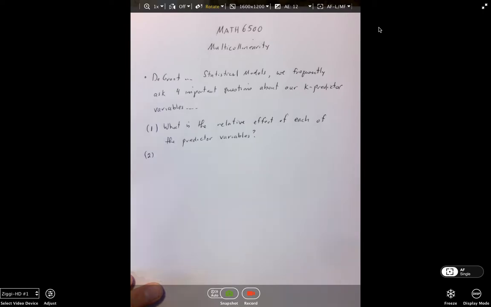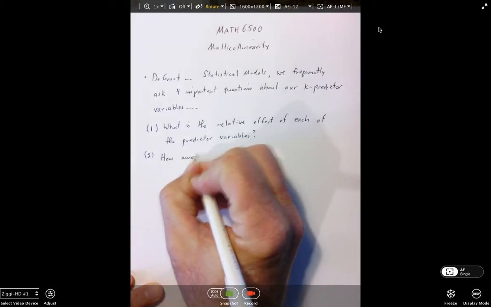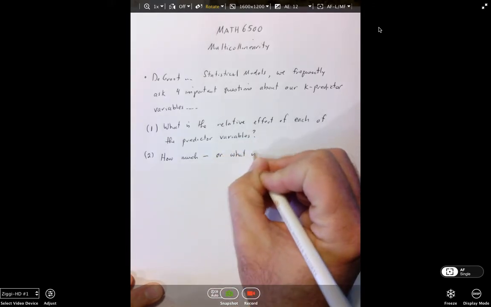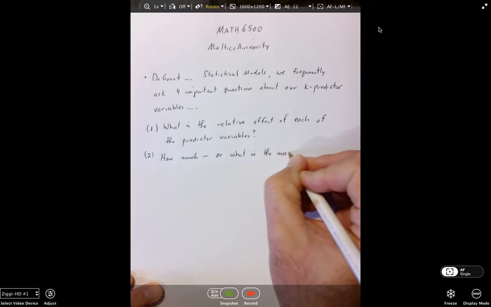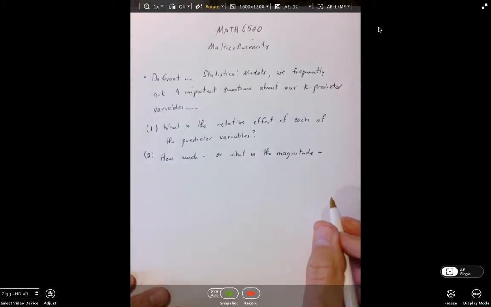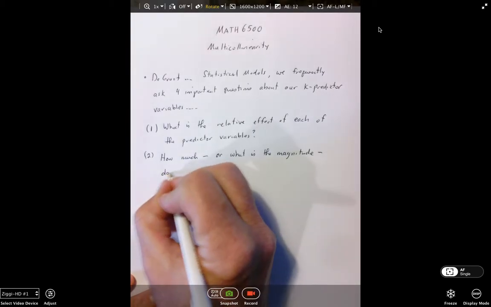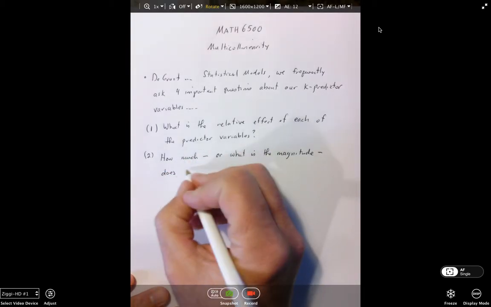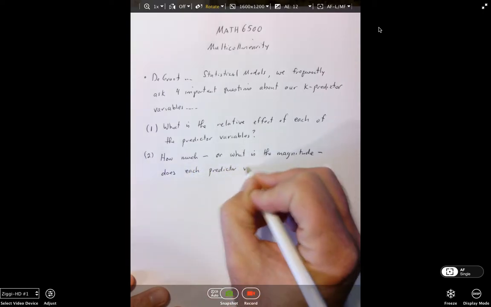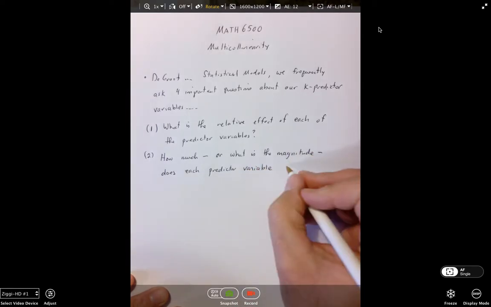Next thing I'd want to know is what is the magnitude, how much does each predictor variable have on our dependent variable?